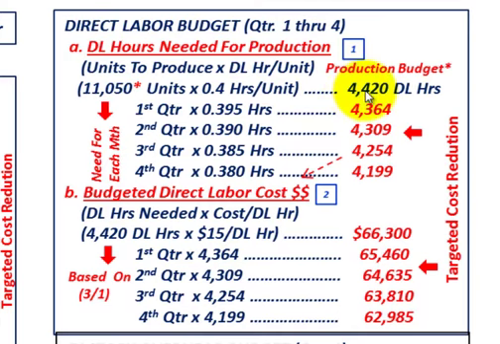So I'm sitting at 4,420 at the beginning of the year, before the first quarter, and by the time I get down to the fourth quarter, I'm sitting at direct labor hours we need at 4,199 hours. So now we can take those quarterly amounts and determine our budgeted direct labor cost based on our total direct labor hours needed on each basis.